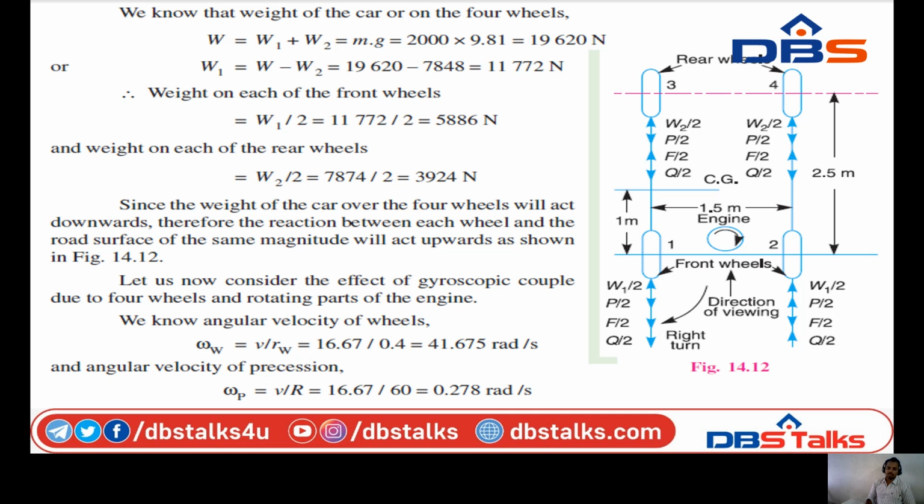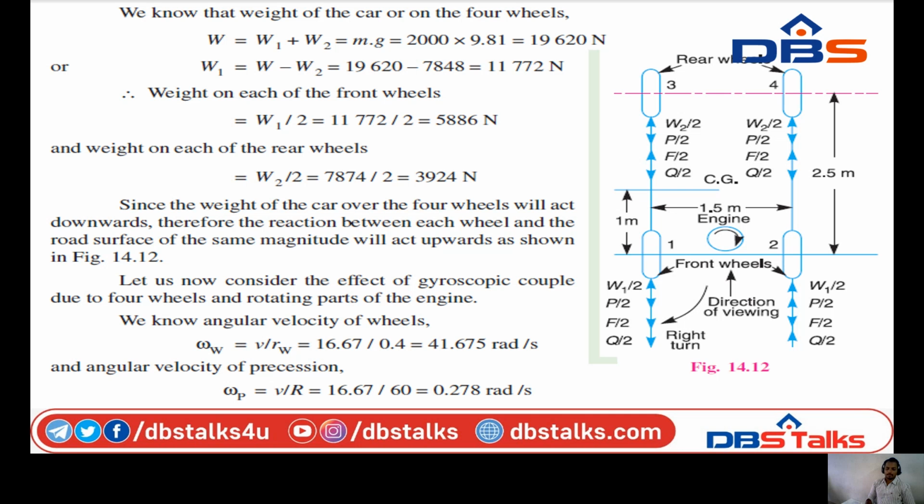Therefore, the weight on each front wheel: the weight being borne by the front wheels is W1. So W1 by 2, that is 11,772 by 2, is 5886 newton, and the weight on each rear wheel similarly is 3924 newton. Since the weight of a car over the four wheels will act downwards, the reaction between each wheel and the road surface of the same magnitude will act in the upward direction.